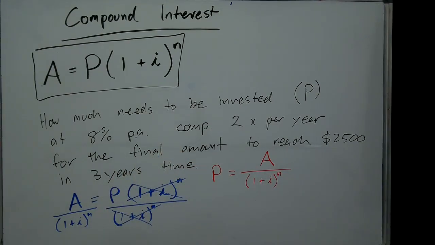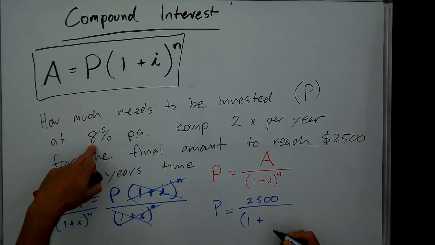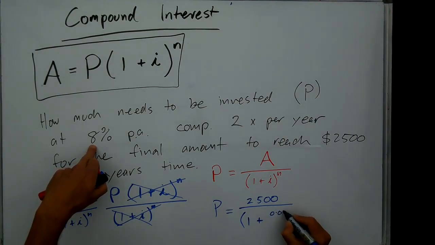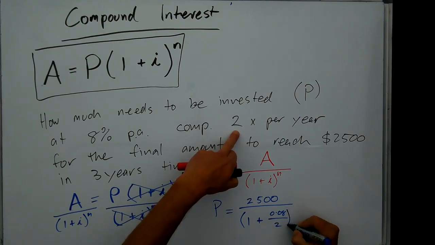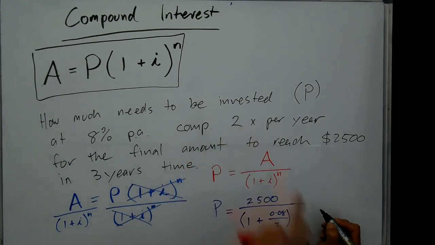So this question here, the blue, the principal equals, so the final amount, 2,500, divided by 1 plus the interest rate, 0.08 twice per year, divided by 2. And our n is the number of periods.